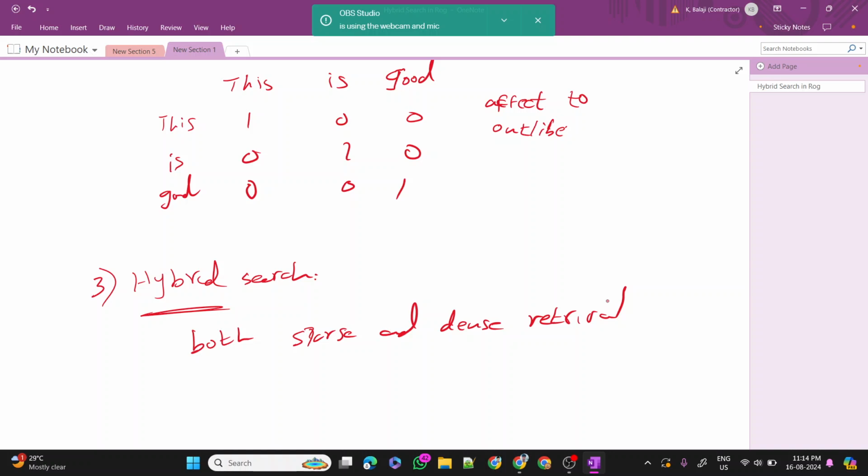The context is so relevant to the user query. Okay.